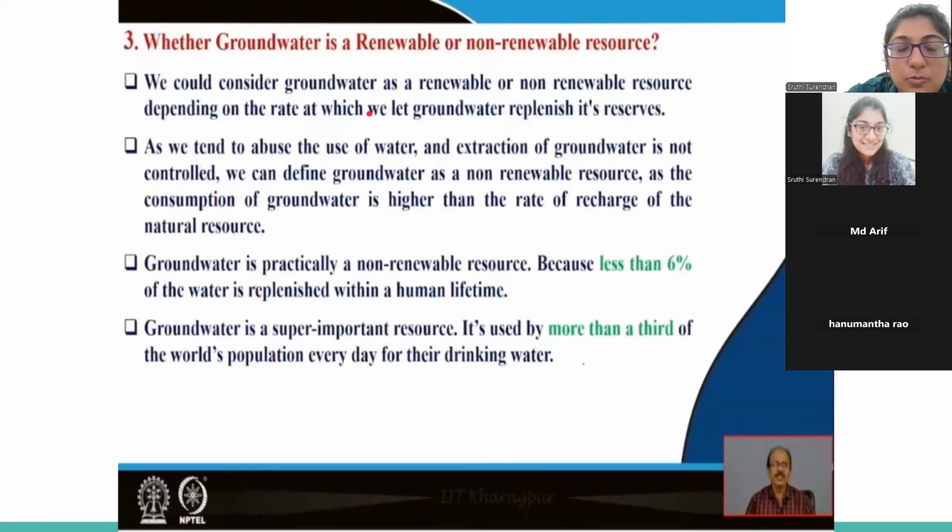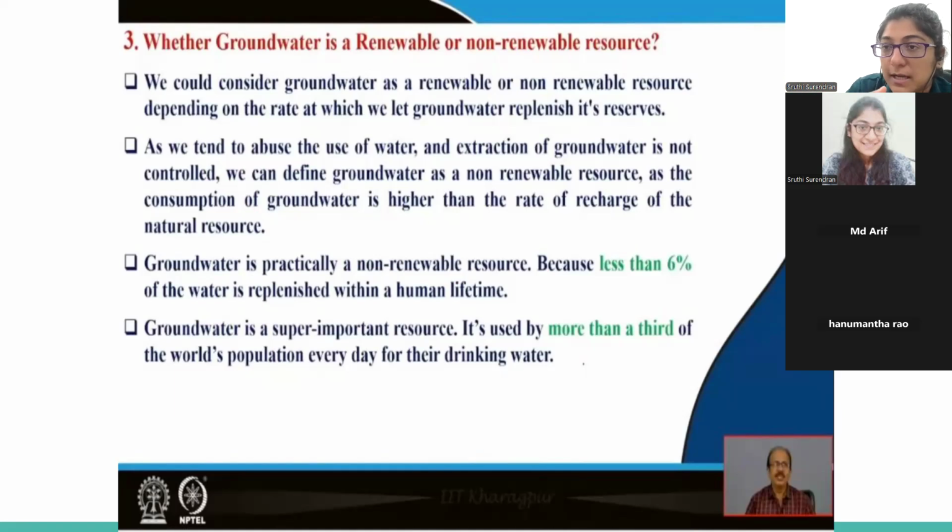On the point of whether groundwater is a renewable or non-renewable resource, there's an excessive utilization or exploitation of water, because although groundwater resources contribute to a huge chunk of water availability, only less than 6% of the utilized water is being replenished during an entire lifetime of a human being.